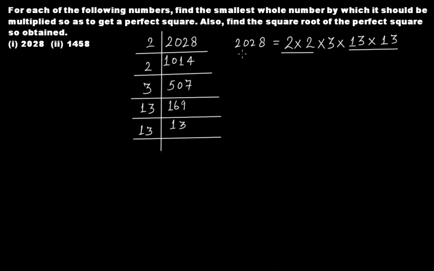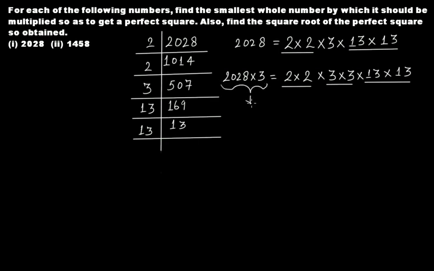If you multiply this 2028 by 3, then actually you'll get 2 times 2 times 3 times 3 times 13 times 13, because you are multiplying 3 to the prime factorization of this number. Now this 2 is in pair, this 3 is in pair, this 13 is in pair, but what's the new resultant number?